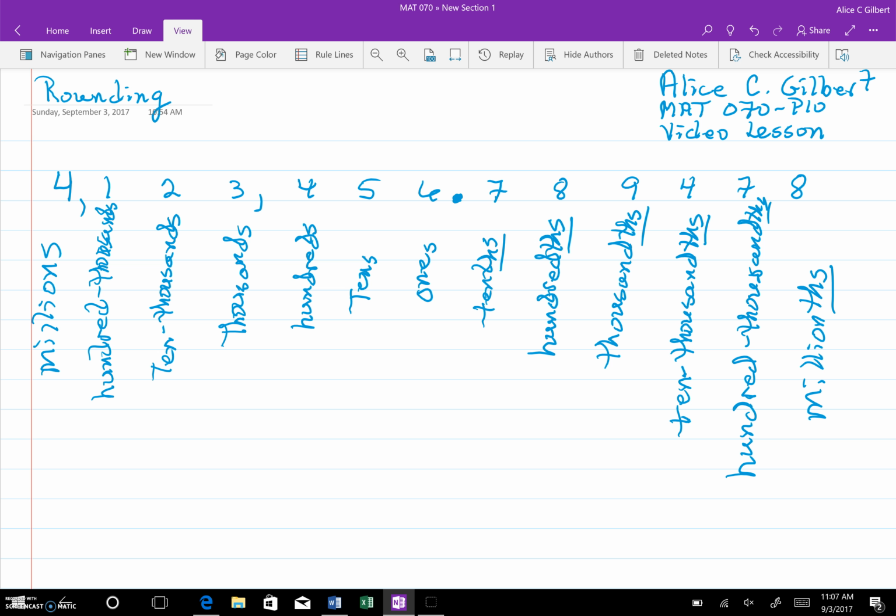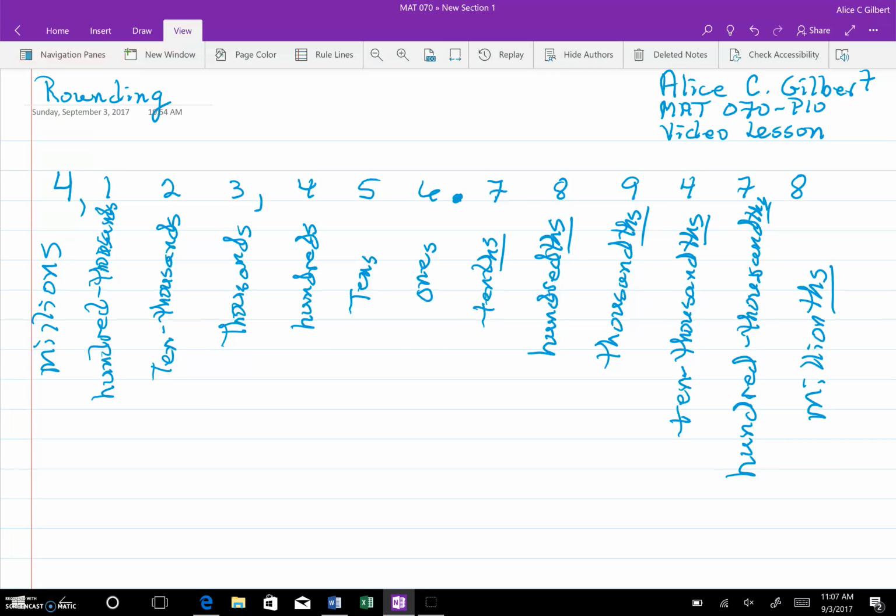We go tenths, hundredths, thousandths, 10,000ths, 100,000ths, millionths, and then we would keep going from there: 10 millionths, 100 millionths, billionths, 10 billionths, 100 billionths.